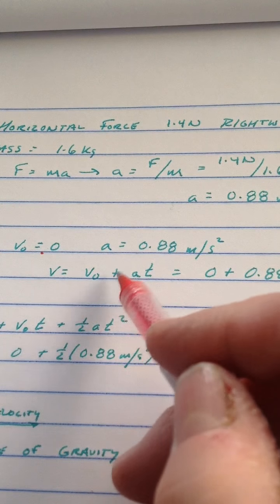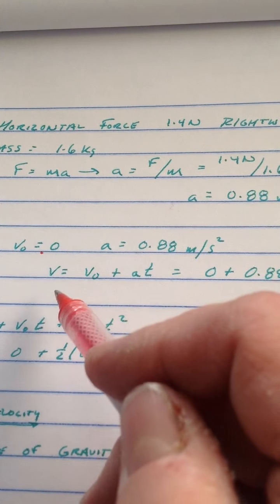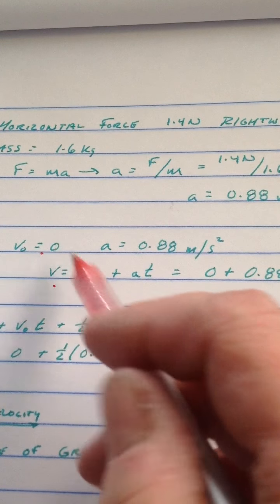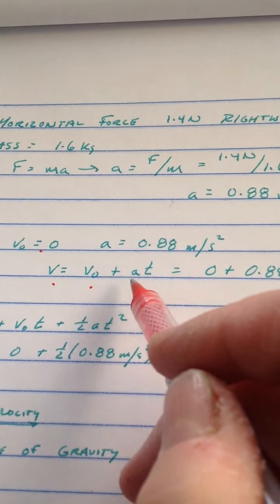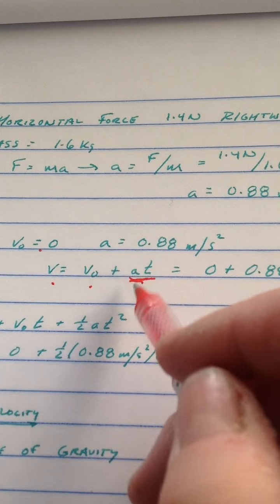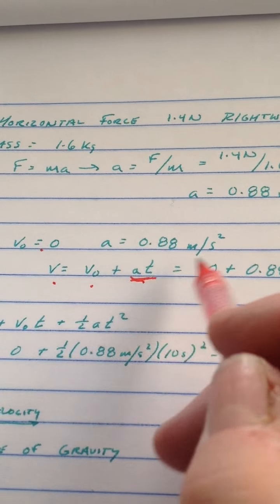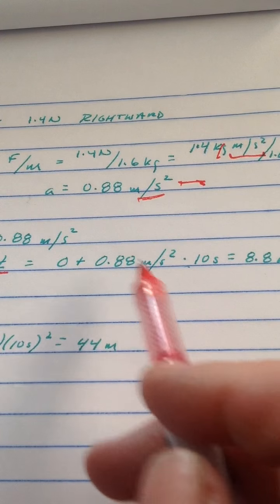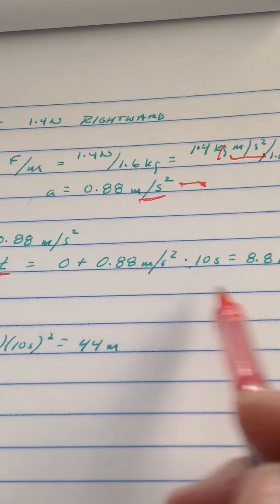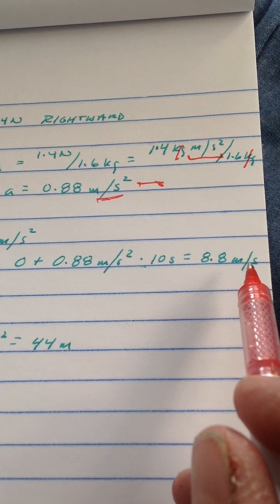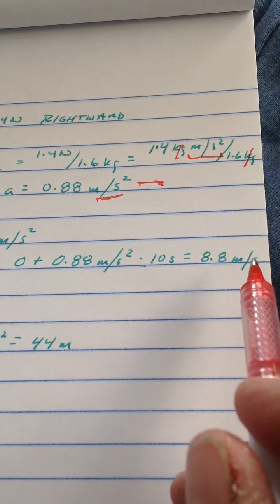So just as we did with those first couple of problems with the car, current velocity equals original velocity, here 0, plus the change in velocity, which is given by acceleration times the time. 0 plus the acceleration times the time gives you 8.8 meters per second.